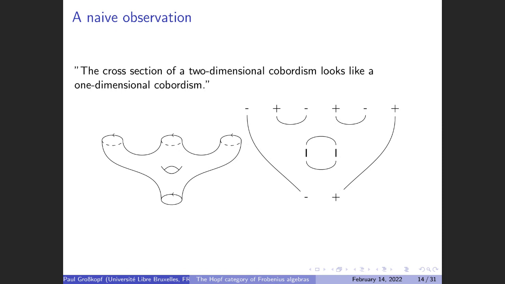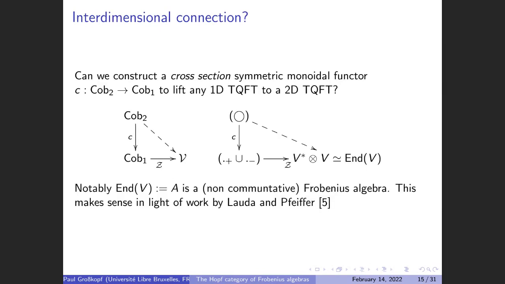But just by looking at that, we can speculate that if we find some functor from the 2-dimensional cobordism category to the 1-dimensional cobordism category, and we use a 1-dimensional TQFT Z, then by composition of these two functors we can create a 2-dimensional TQFT.